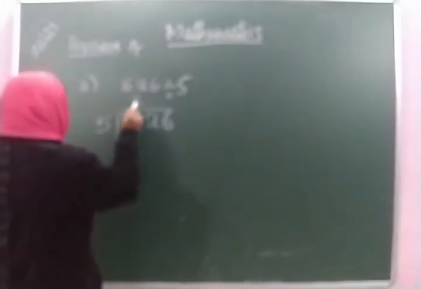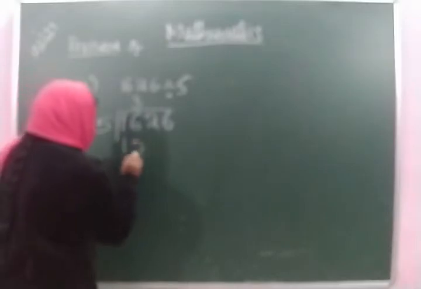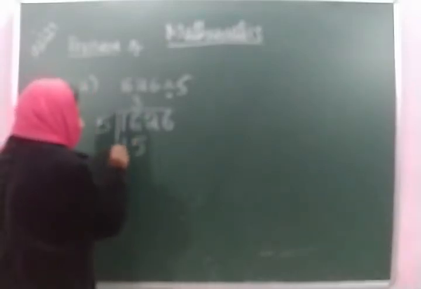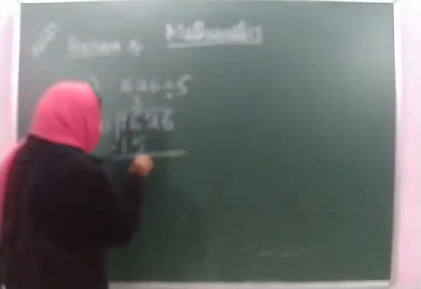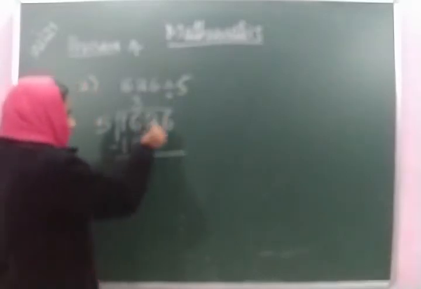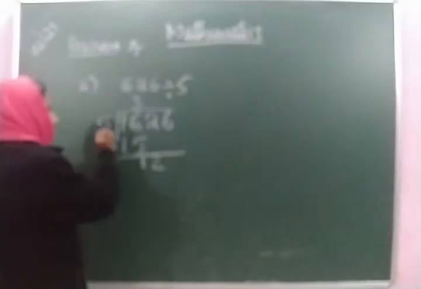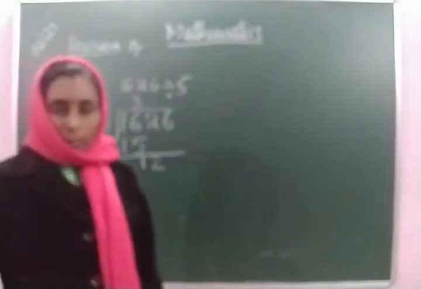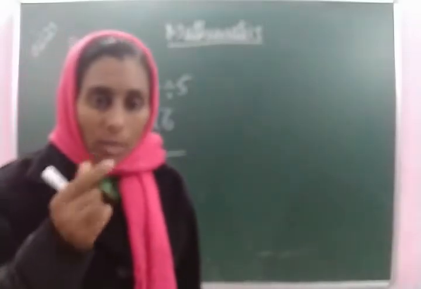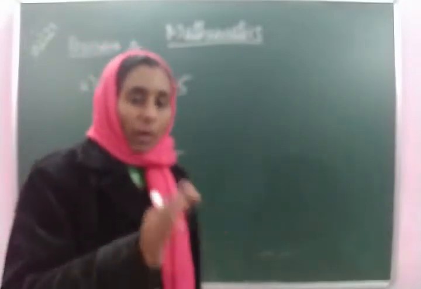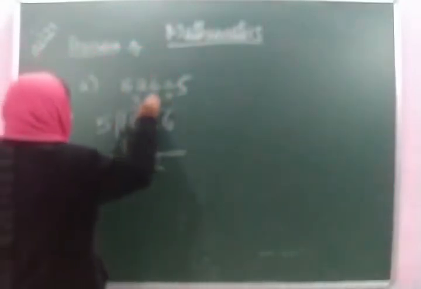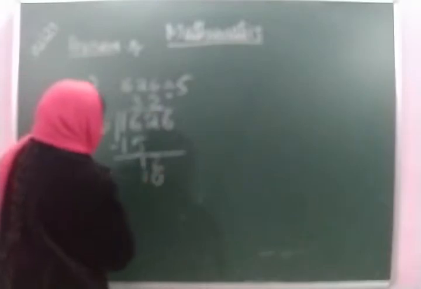3. Next step is multiplication. 3 5s are 15. Then do the subtraction: 16 minus 15, 1. Then 2 comes down from the dividend. 12. How many 5s are in 12, or how many times can 5 be deducted from 12? 2 times. 5 2s are 10.